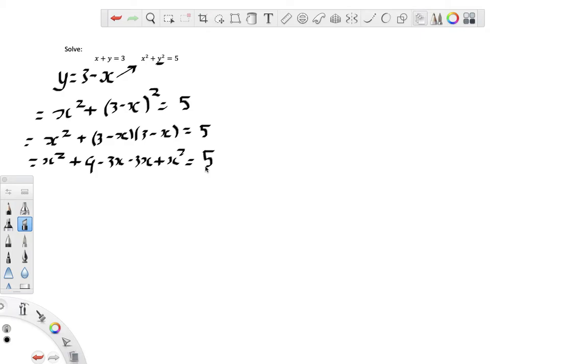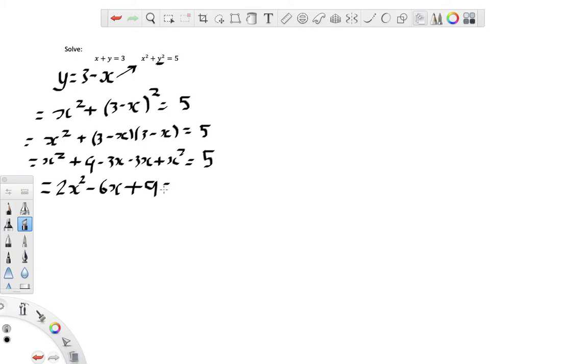Okay, so now I can go ahead and tidy this up. So I've got x squared plus x squared, well that's 2x squared. I've got minus 3x minus 3x, so that's minus 6x. And then I've got plus 9.